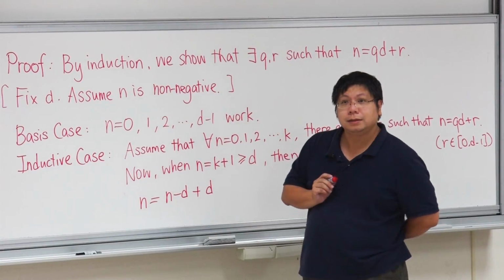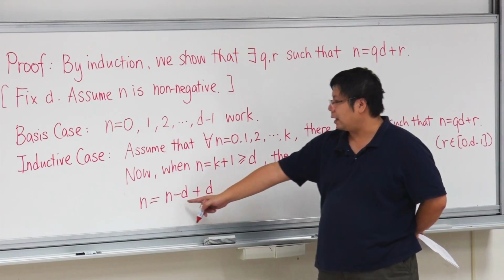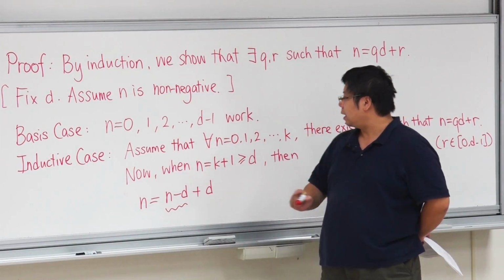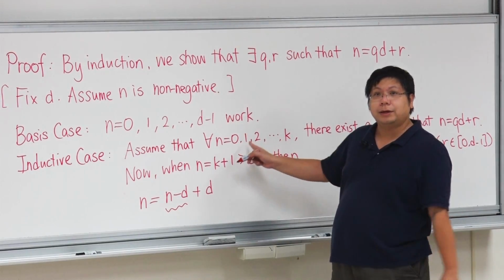Am I correct? Is that okay? Now n minus d is some number that is less than k plus 1, so this is less than or equal to k and greater than or equal to 0.